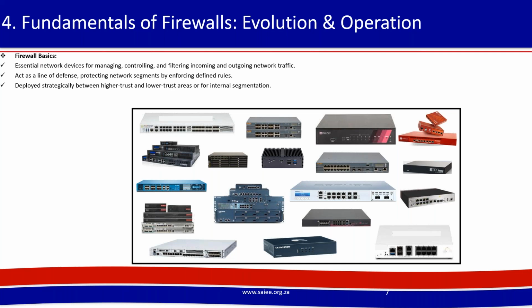They create a barrier between secured and controlled internal networks that can be trusted and the untrusted outside network, the internet or any other network that is not under your control or administration.